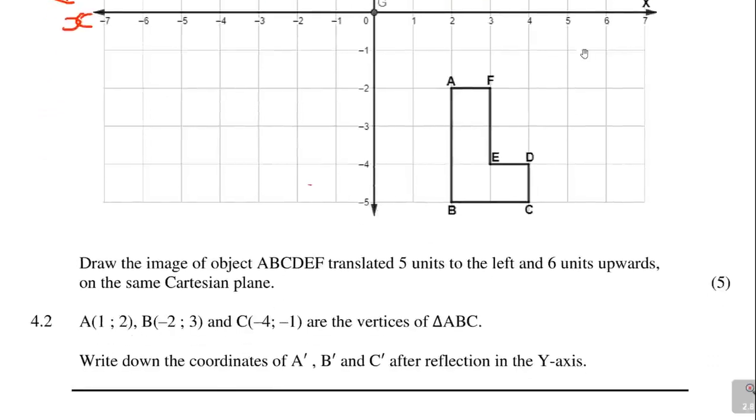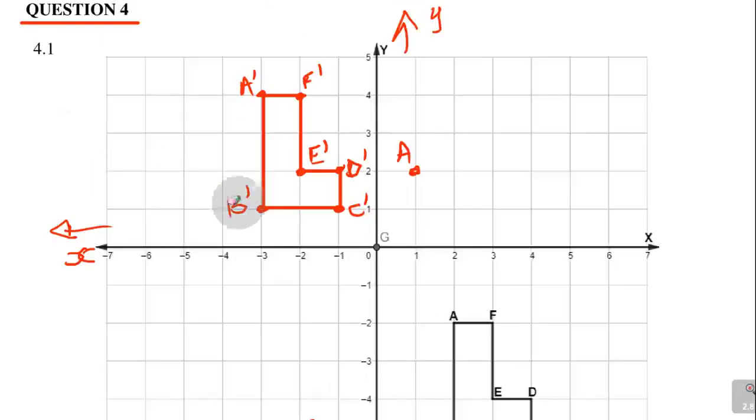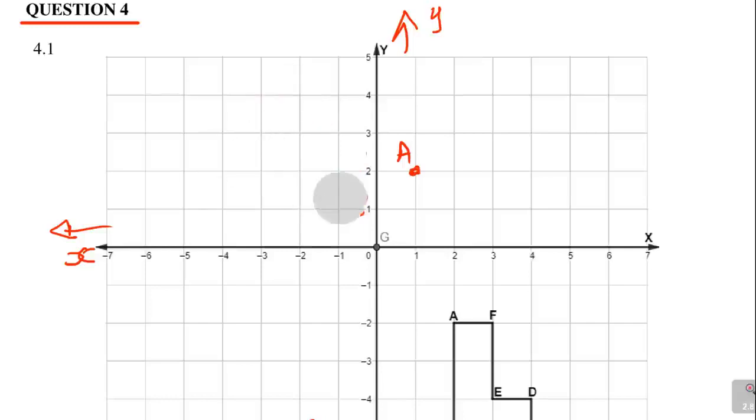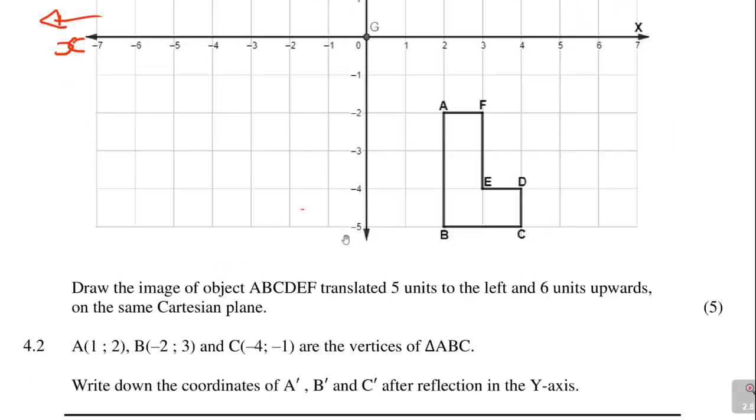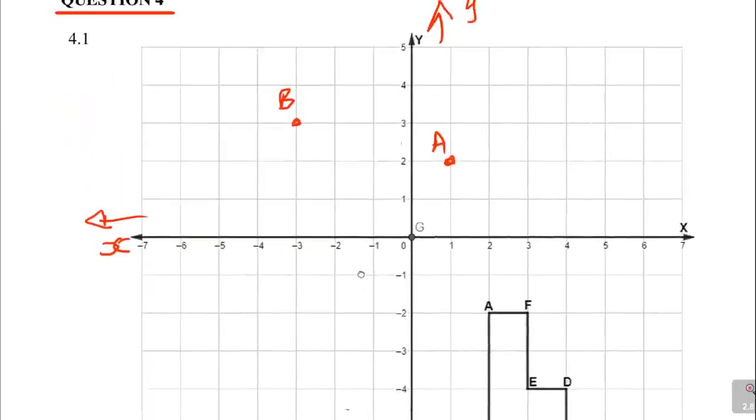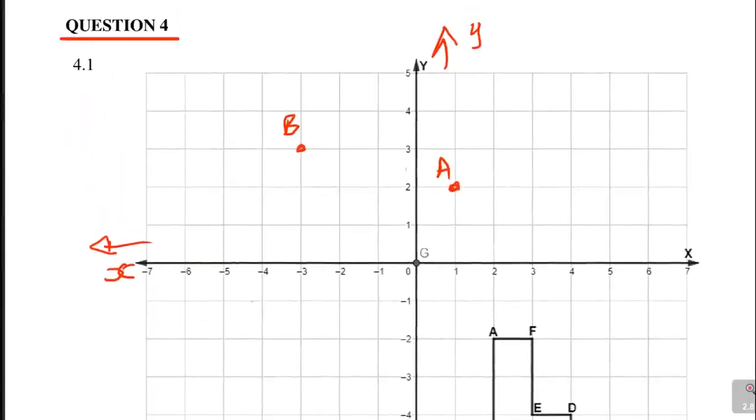B is minus 2, 3. So I want to erase this now because there is that part. B is minus 2 and 3. It's coming out well. Alright, and what is C? C is minus 4, minus 1. Yes, it did come out well. There it is. So if you connect these points, it's a triangle.